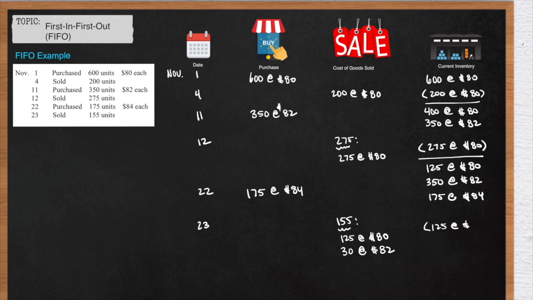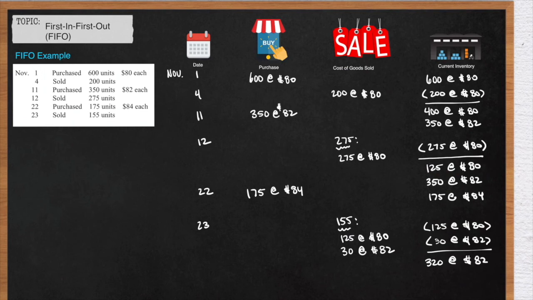So let's update our inventory. I'm going to subtract 125 units at $80 and 30 units at $82. The 125 is all gone. And the 350 units at $82 were partially sold, so you've got to update that to 320 units at $82.